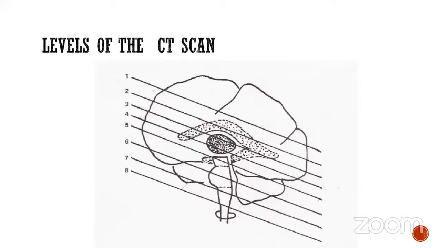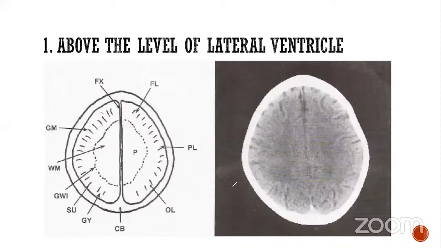Next, that is above the level of the ventricle. What we can see above the level of the lateral ventricle: this level demonstrates the cerebral hemisphere and the falx cerebri. Important radiological findings: this is the falx cerebri. It appears as a dense sagittal line separating the 2 cerebral hemispheres.